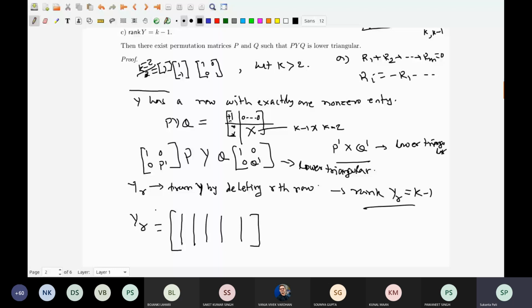But I already know that YR is non-singular, so this means there exists a column which has exactly one non-zero entry, either plus 1 or minus 1.